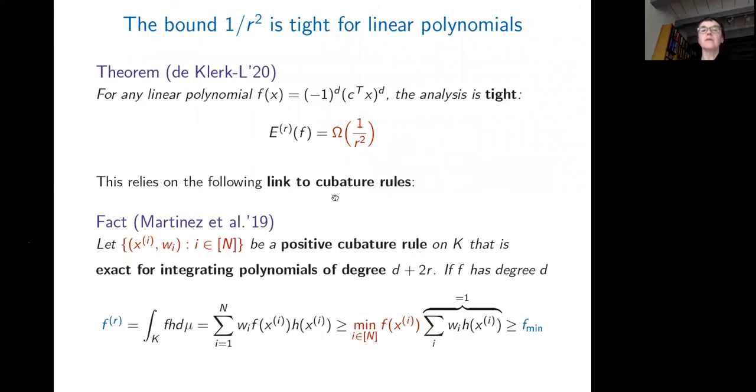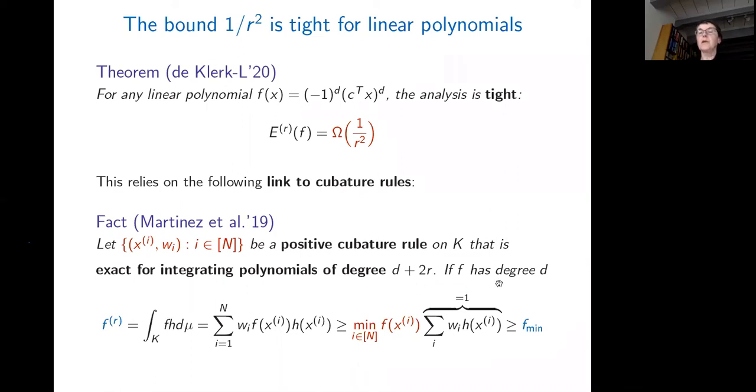And this is based on a very simple link to cubature rules. This link is true not only for the sphere, it's true for any compact set K. And it's saying the following: suppose you have a cubature rule on K, which is exact for integrating polynomials of degree d plus 2r.